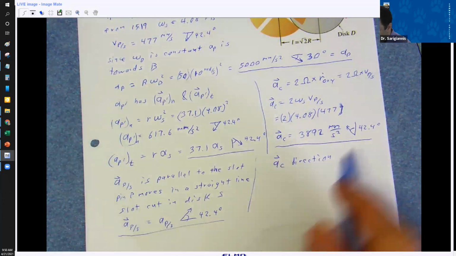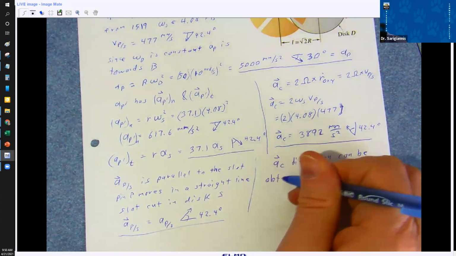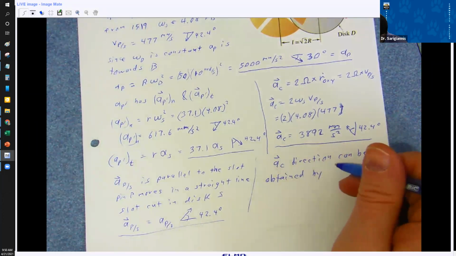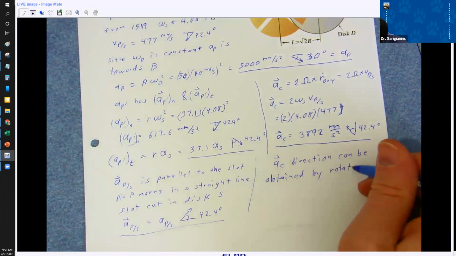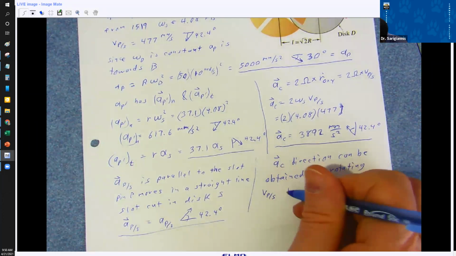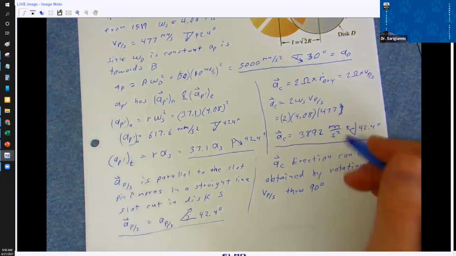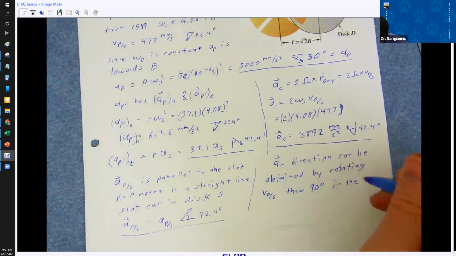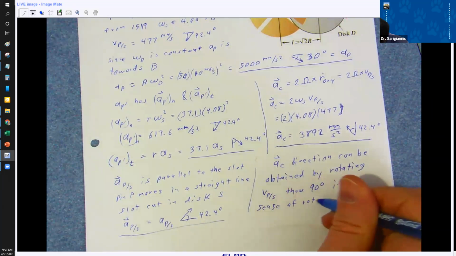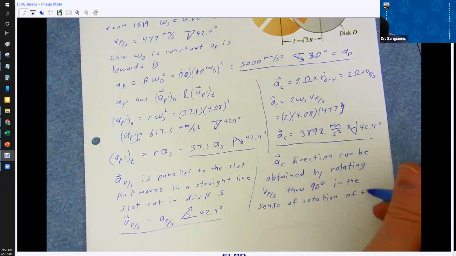The vector AC can be obtained by rotating VPS through 90 degrees in the sense of rotation of the moving frame.